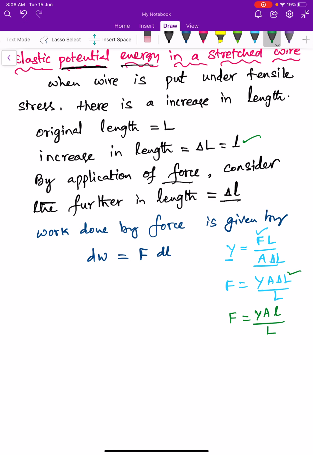I am substituting it in dW. For total work done, we need to integrate it.